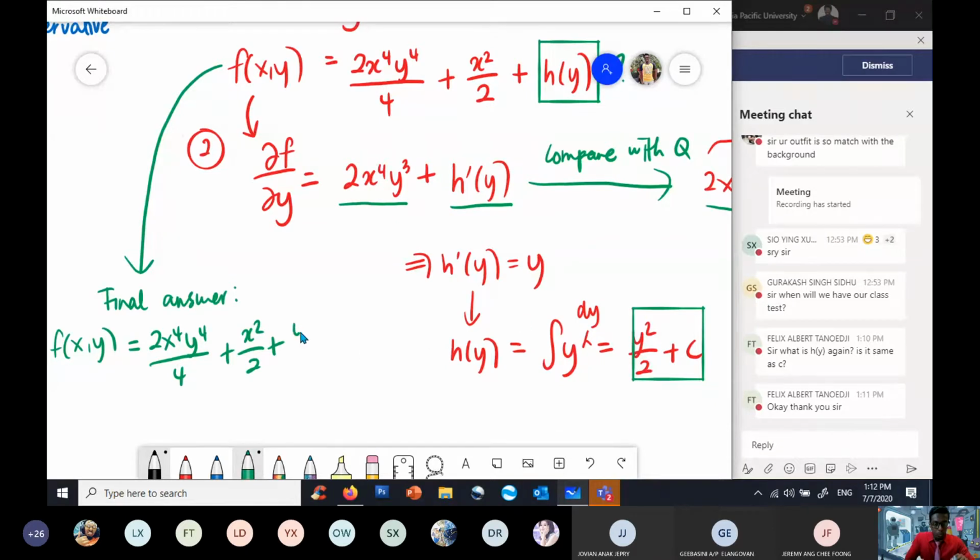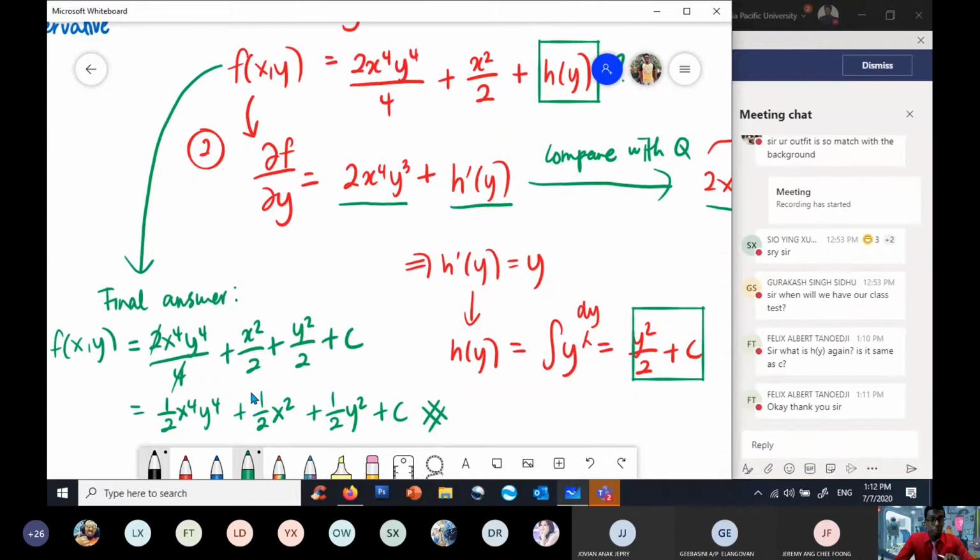It's y squared over 2 plus c. If I can simplify, I will. So in this case, the 2 and 4 can cancel off. So 1 over 2 x^4 y^4, plus 1 over 2 x squared, plus 1 over 2 y squared plus c. This is my scalar potential.